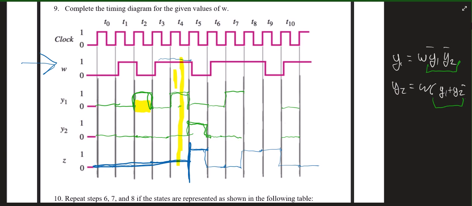No. Okay, in the previous clock cycle, are both Y1 and Y2 0? No. Is either of them 1? Yes. And then here, are they both 0? No. And is either of them 1? Yes.